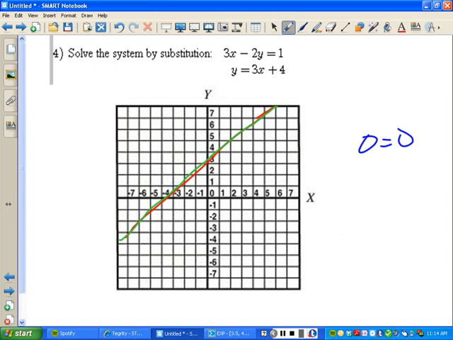Yes, it is possible. Now, here's the thing. People who say negative infinity to infinity, that doesn't work because that's not an ordered pair. I need ordered pairs that satisfy both equations. Well, which ordered pairs satisfy both equations? Well, the answer is any of the ordered pairs will satisfy both of them. Do we agree? Every ordered pair on this line satisfies both of them because they're the same lines.